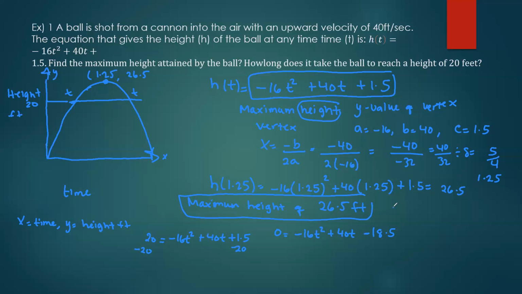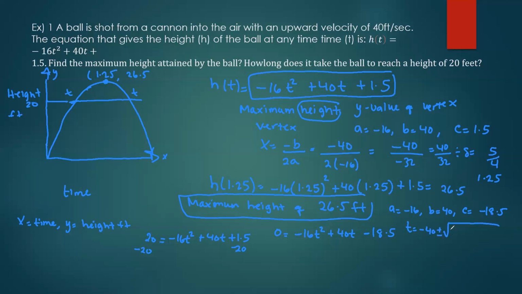So my a value is negative 16, my b value is 40, and my c value is negative 18.5. So the quadratic formula is the opposite of b over 2a. So your t value is going to be the opposite of b, so it's negative 40 plus or minus root b squared.